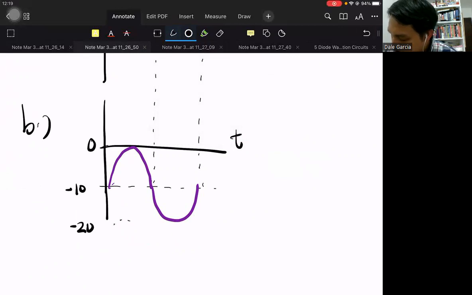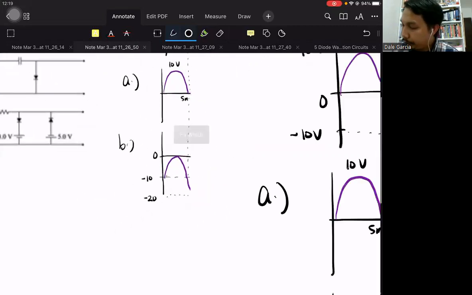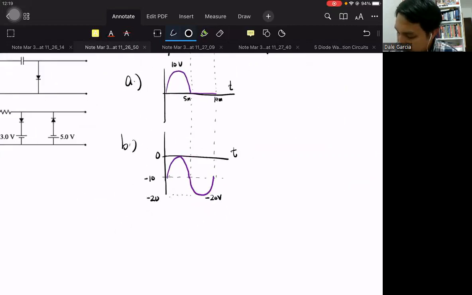So this is negative 20 volts. Very simple.